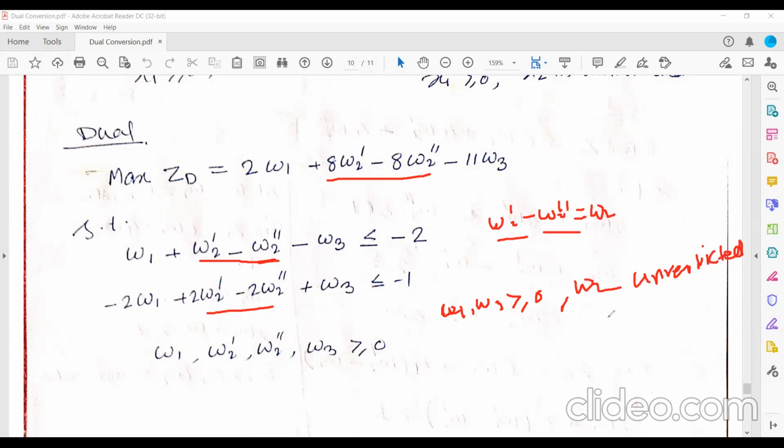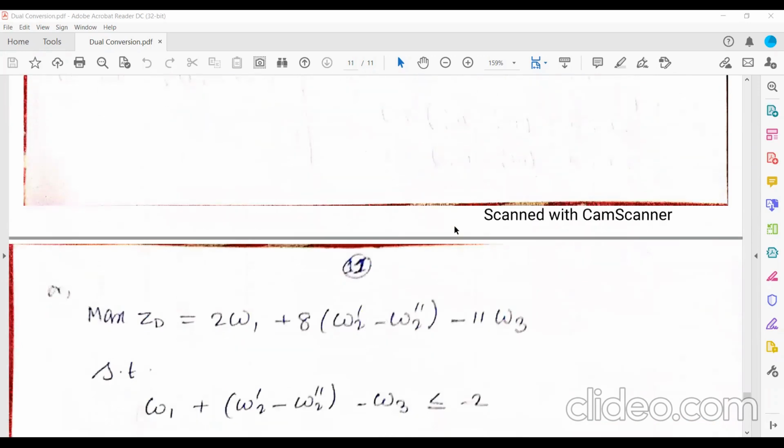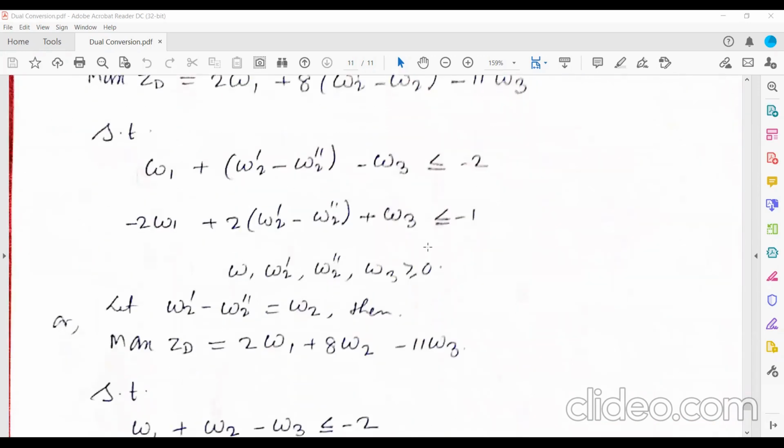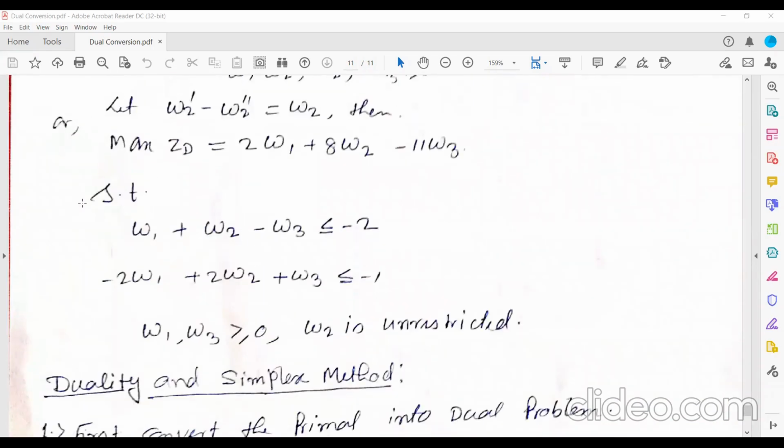You can't put any restriction on w2. And that will be the dual of the given LPP. So I have written it here. So this is the dual, the required dual.